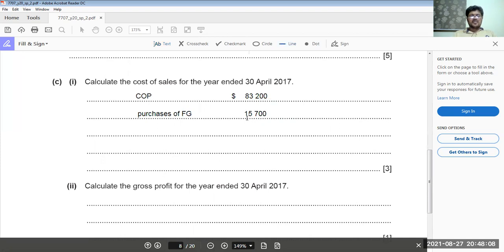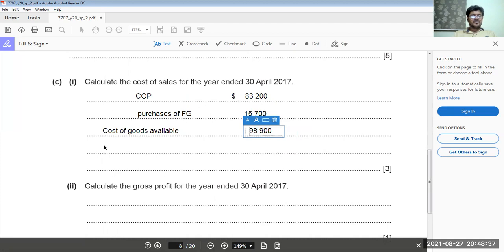So altogether, what's the cost of goods available for sale? What do we write over here? Cost of goods available for sale is how much? 83,200 plus 15,700. The answer is 98,900.